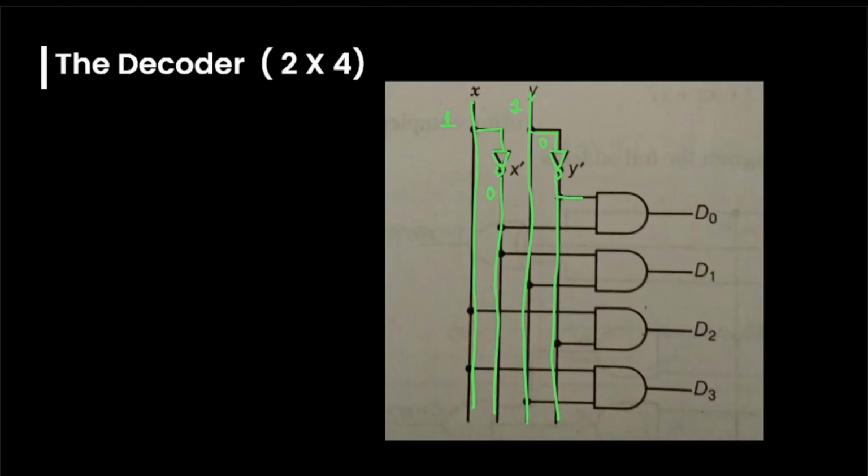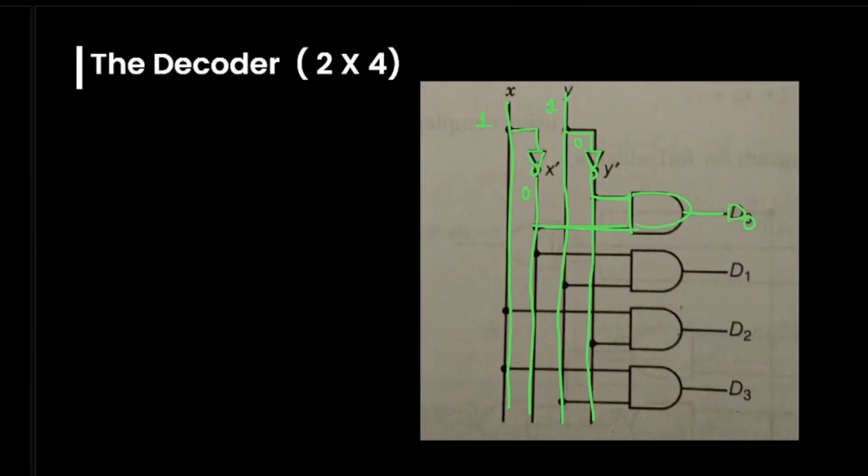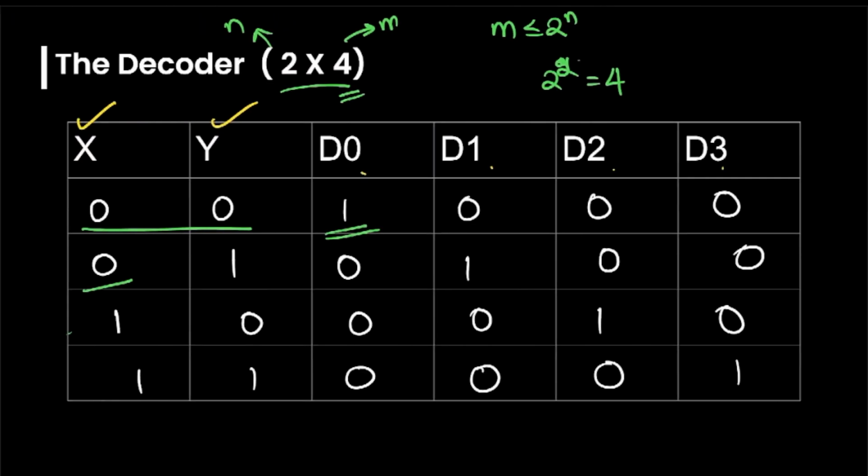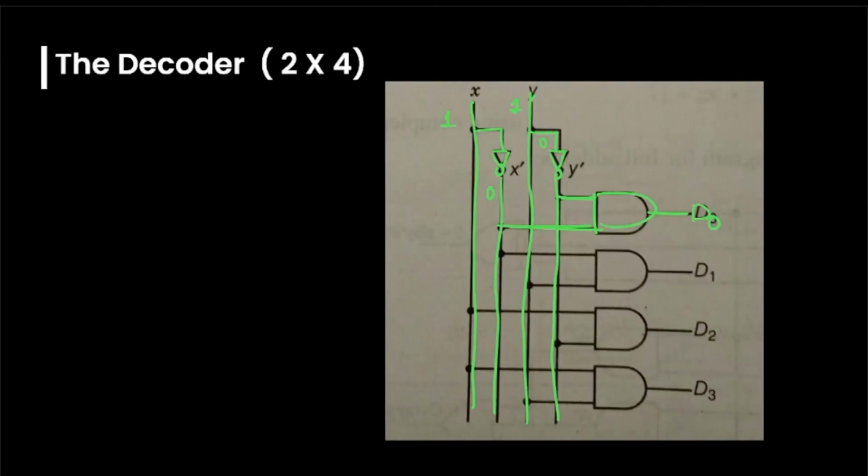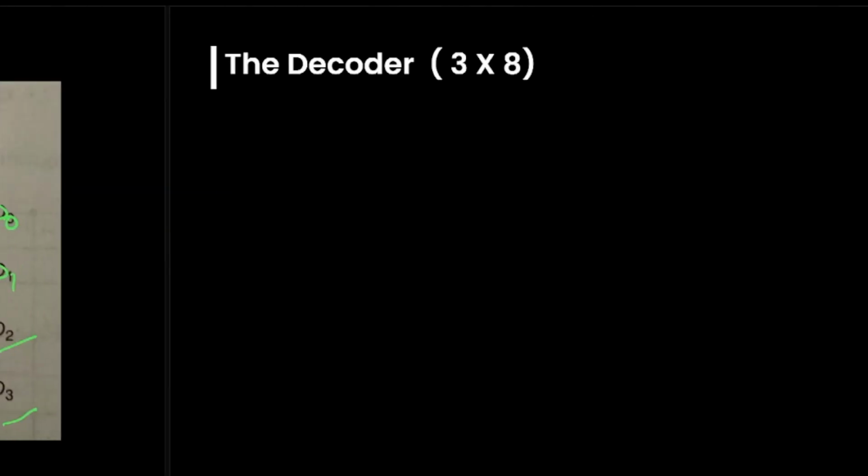So for both x and y, I'm going to take from their 0 input line, and then my output is going to be D0. Look at the second line. x is 0, y is 1, and the output is D1. Similarly, we're going to do the same for D2 and D3, and that is how you construct the logic diagram.